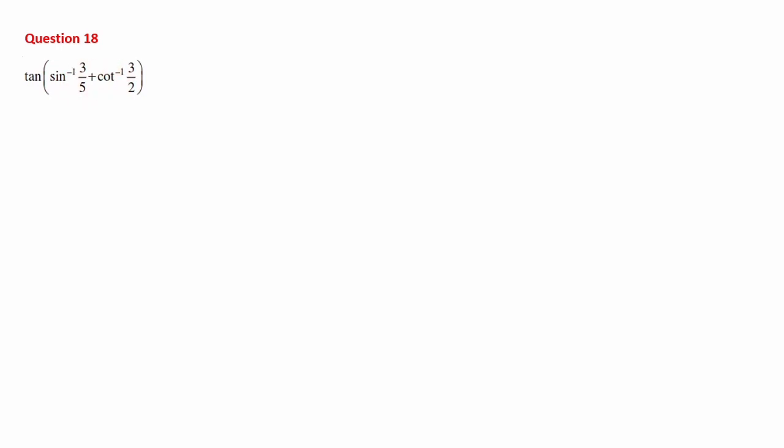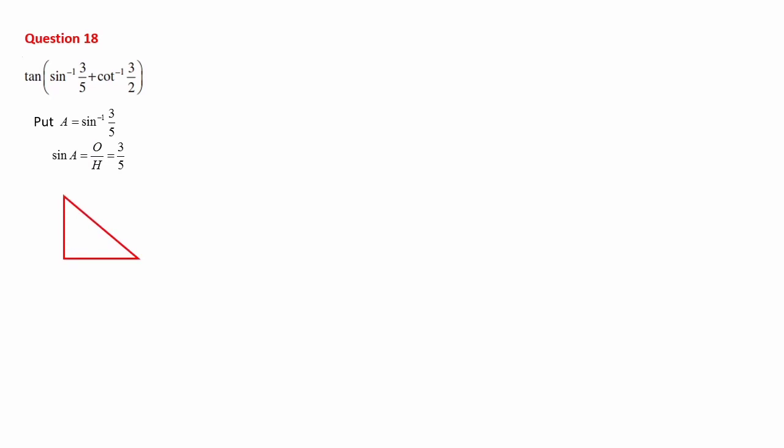So first of all, let's take this one as a and this one as b. That is, put a equal to sine inverse of 3 by 5. Now we take sine inverse to the left side, and we get sine a is equal to 3 by 5. Sine a is the trigonometric ratio opposite side by hypotenuse.